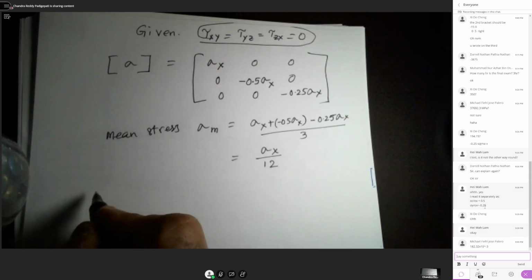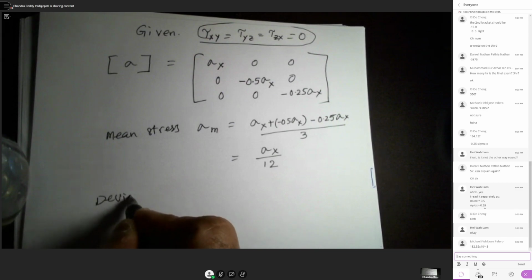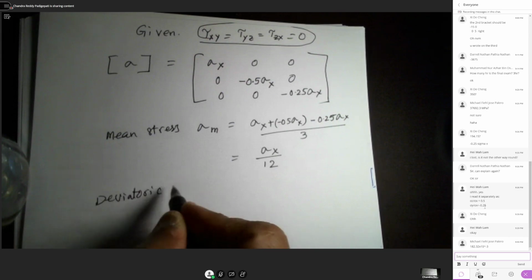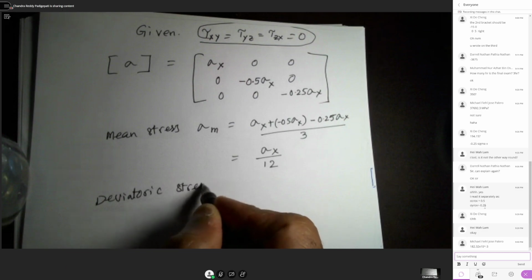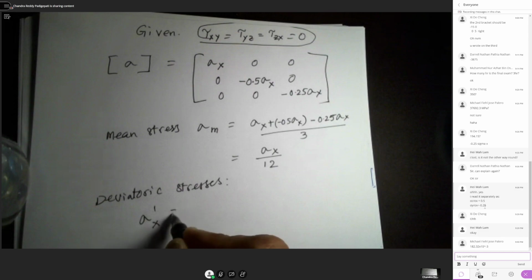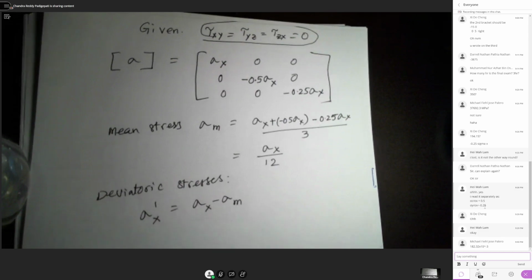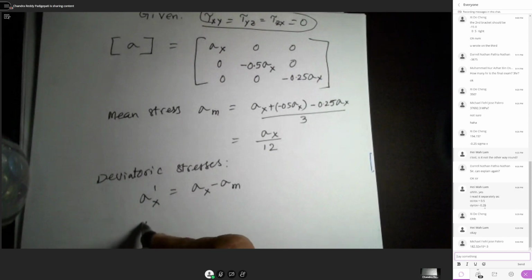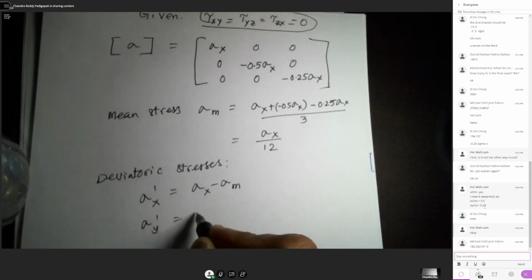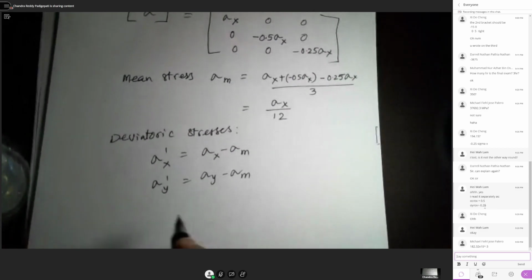So once we know the mean stress, we can calculate the deviatoric stresses. Sigma x dash, you can write as sigma x minus the mean stress. Sigma y dash is sigma y minus sigma m.